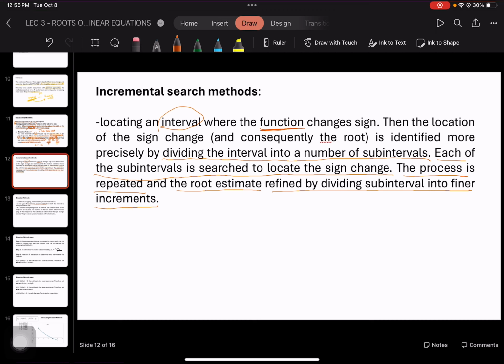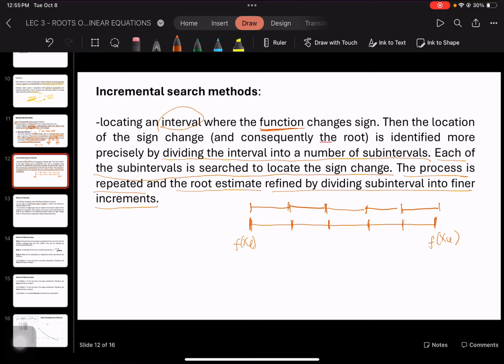Okay, so incremental search. So let's say meron kang interval dito kung saan change yung sign ng f of xl and f of xu. So i-divide mo siya into, or i-break down mo into sub-intervals. Then, mangyayari is you will search for every interval kung nasaan ba yung another change of sign.